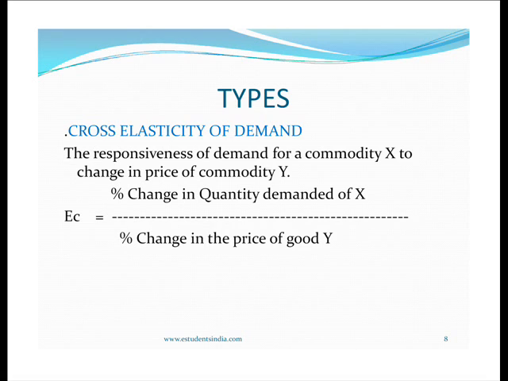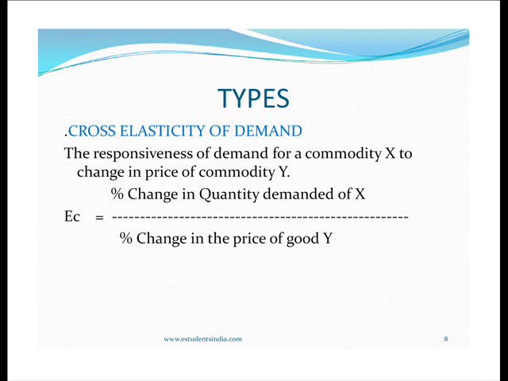The rise in price of Y causes a rise in quantity demanded of X. And for complementary goods, that is goods like bread and butter, the rise in price of Y brings about a decrease in demand for X. And cross elasticity of demand EC is negative.